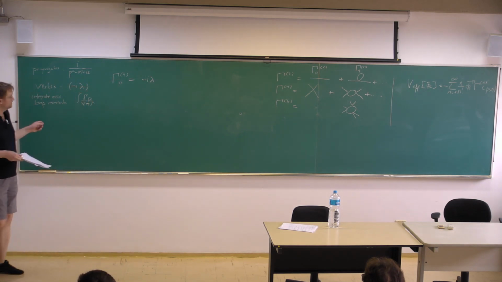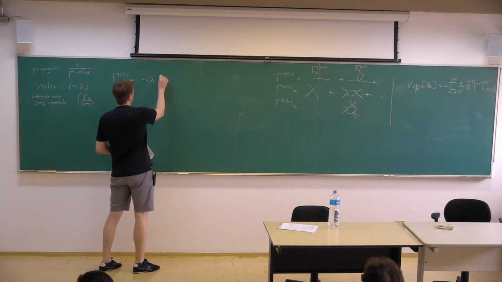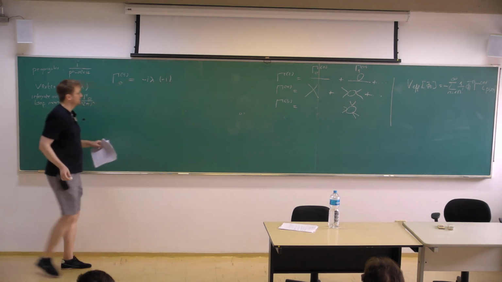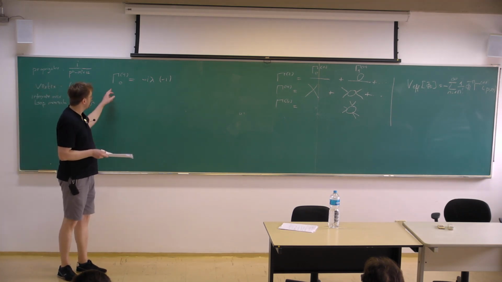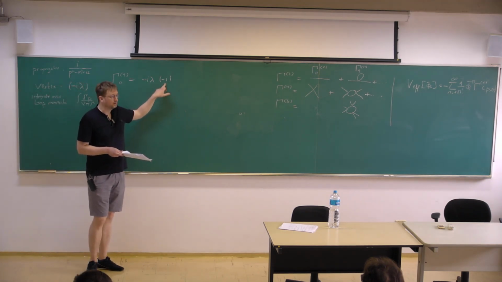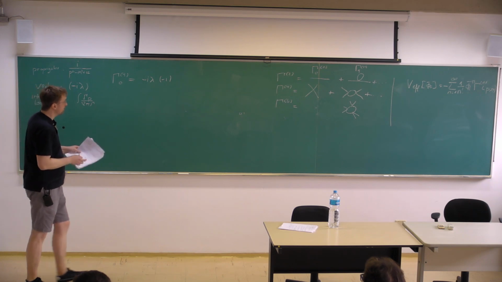And now it turns out there's another factor of minus i that I need to include because of my definition of the generating functional. But you can check that this is the right factor because this gives the right tree level potential. So it's completely fixed.